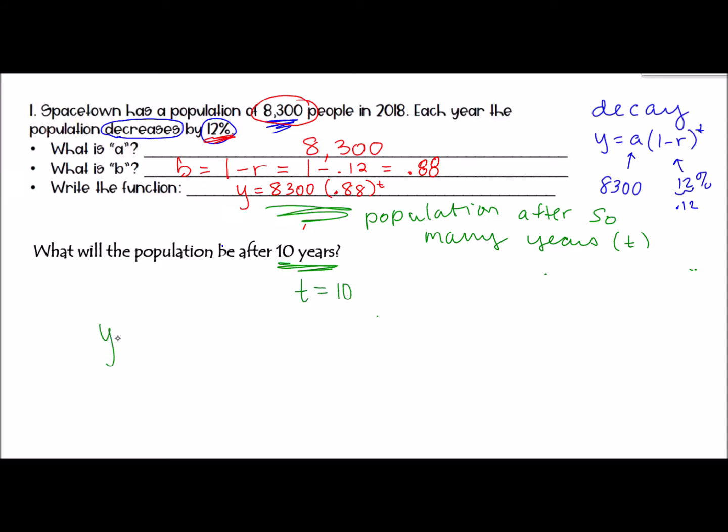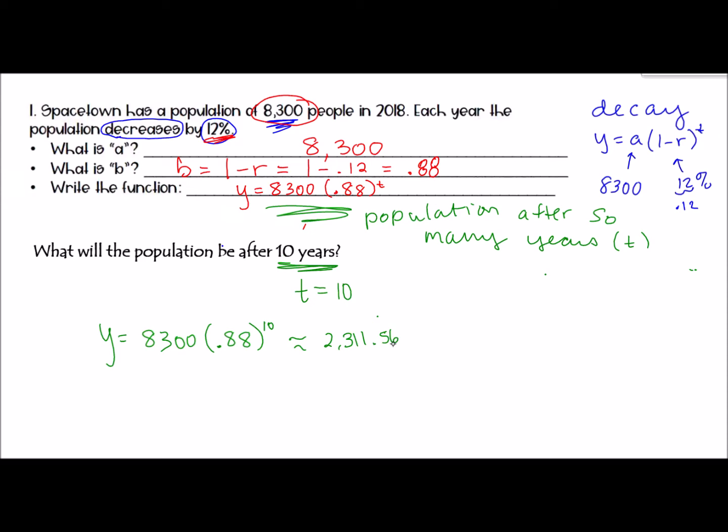It will look like this. Y equals 8,300 times 0.88 to the 10 power. Boop, boop, boop. Calculator says, okay, so this is about 2,311.56 if I round it to there.